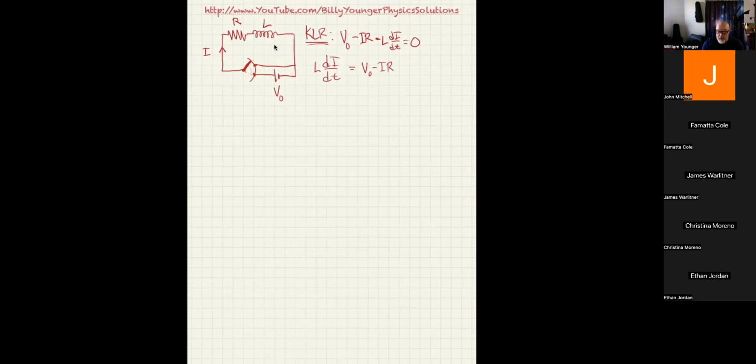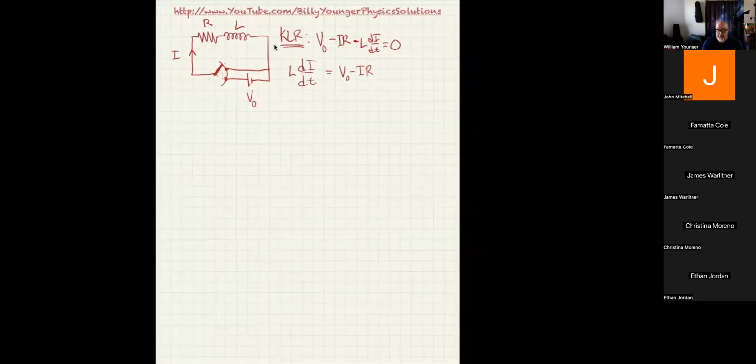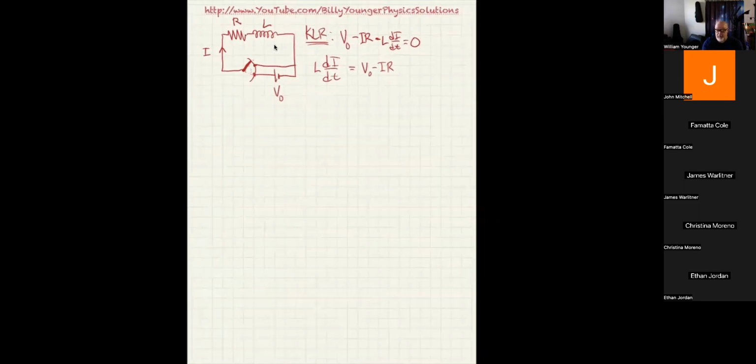So what I'm now going to do is divide both sides by V0 minus IR, and then multiply both sides by dt over L, and that will give me, in fact, di over V0 minus IR is equal to dt over L.